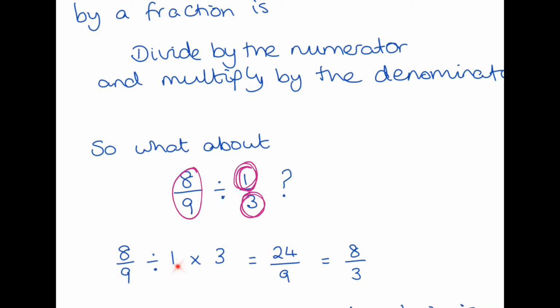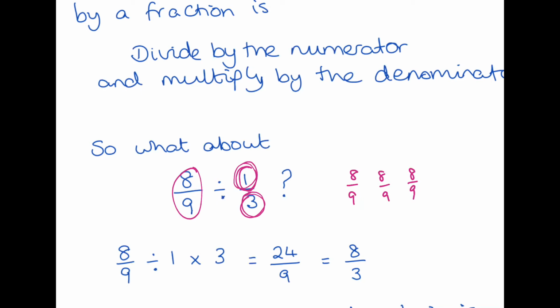So 8/9 divided by 1 is 8/9. And if you've got 3 lots of 8/9, then you must have 24/9, because what you've really got is 8/9 and 8/9 and 8/9. So you've got 24/9 altogether there. Okay, and that fraction will simplify to 8/3.